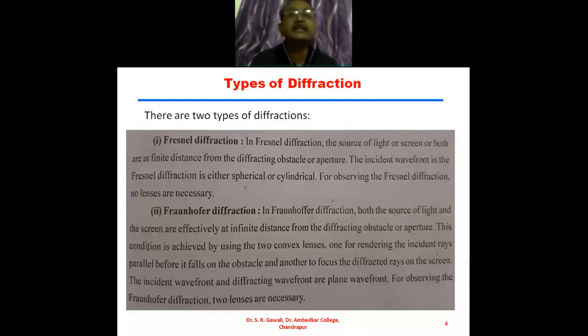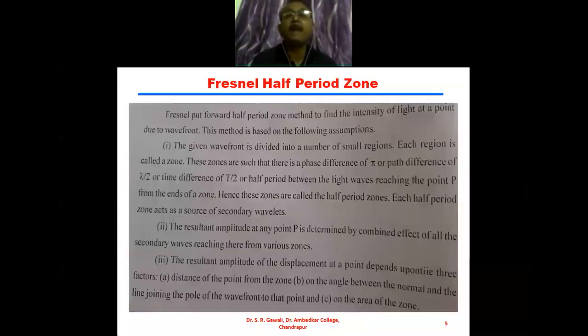So now we see the Fresnel half period zone. This topic is very lengthy, but it is not too difficult. Fresnel put forward the half period zone method to find the intensity of light at a point due to a wavefront.